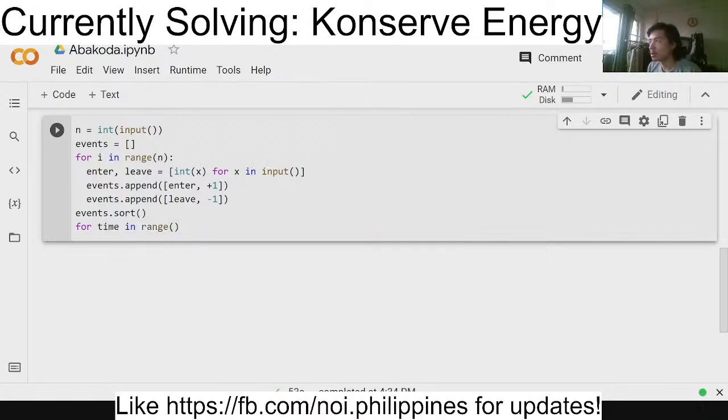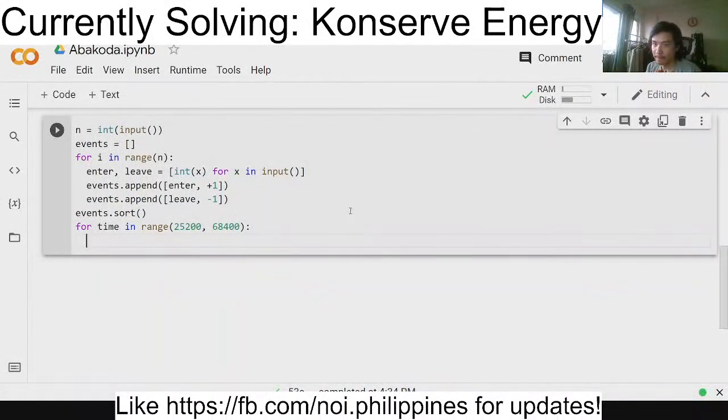I mean, what's our bounds for this problem? We have 25,200 up to 68,400. It's not so bad, right? As long as we don't do something expensive inside this loop, doing this outer loop, it's going to be fast enough.